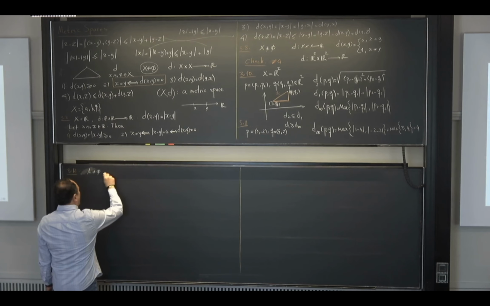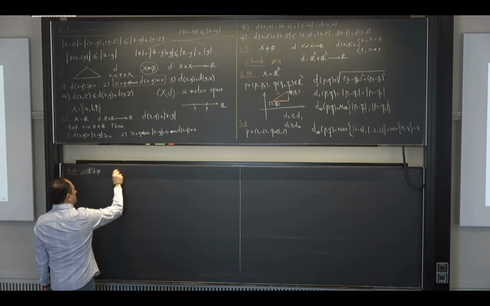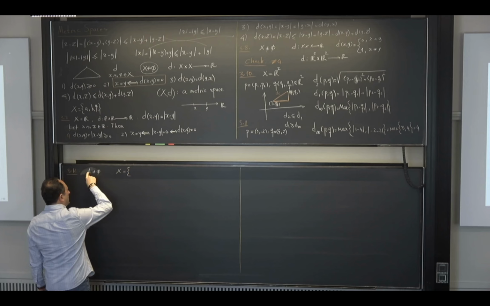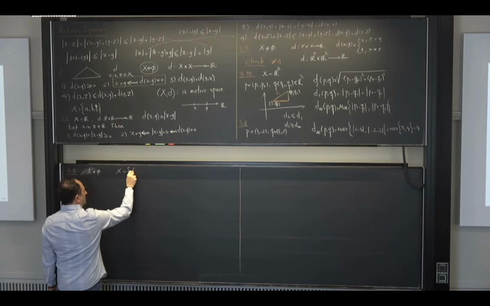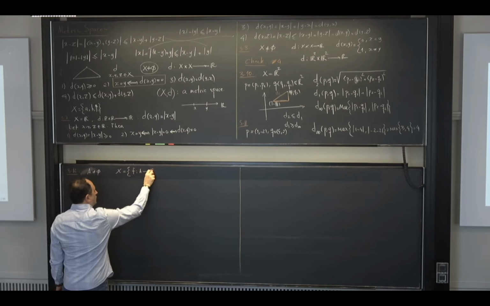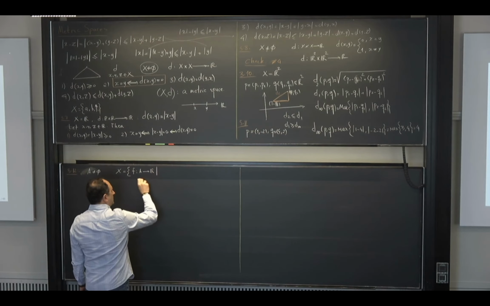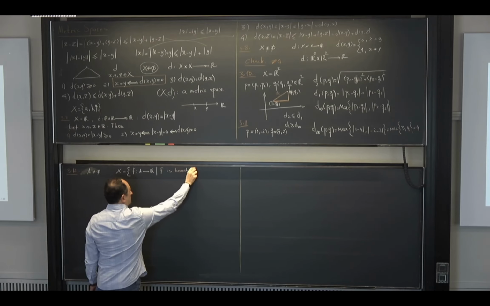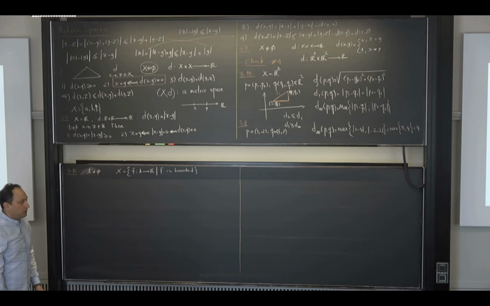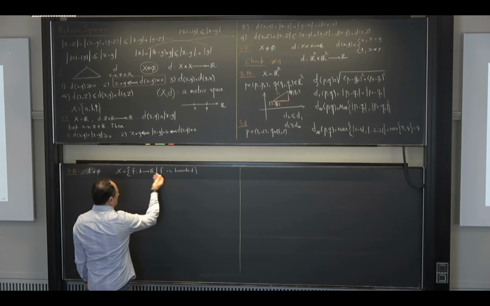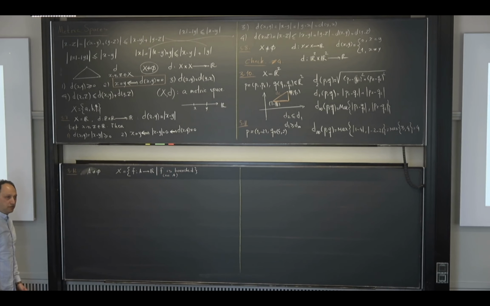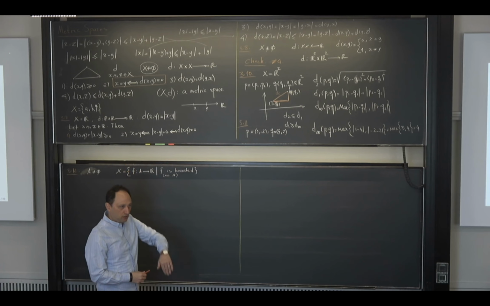And X is the set consisting of all functions with domain A and codomain R, but not all of them, only the ones where f is bounded on A. For example, the sine function is a bounded function because the values of sine cannot go beyond 1 and cannot go below minus 1.